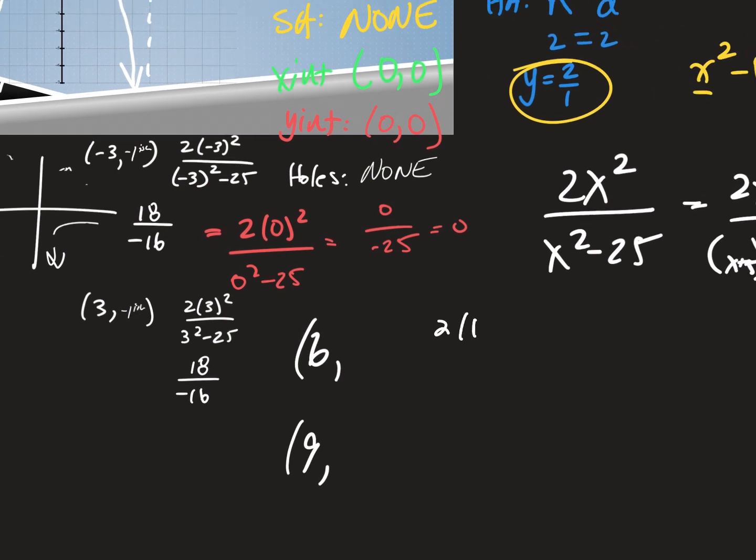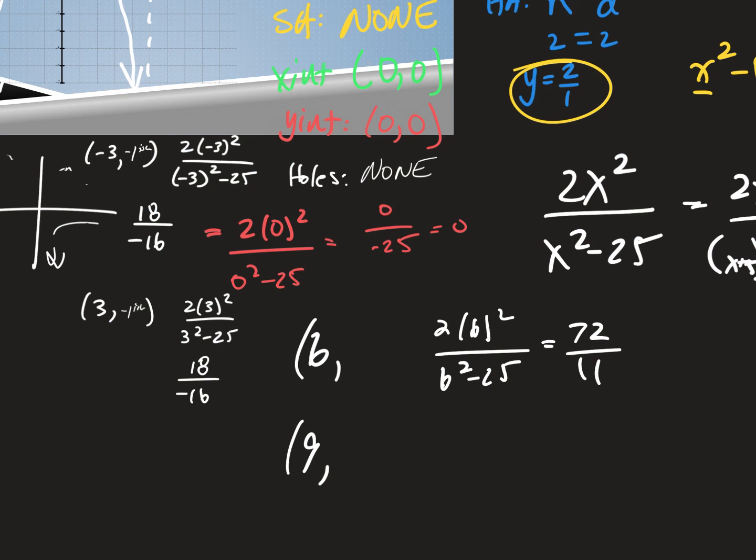I have 2 times 6 squared over 6 squared minus 25, right? What's 6 squared? 36. Times 2, 72, over 6 squared is 36 minus 25. 11.